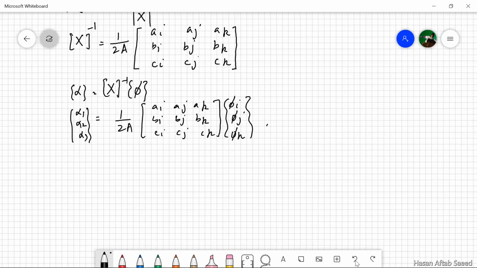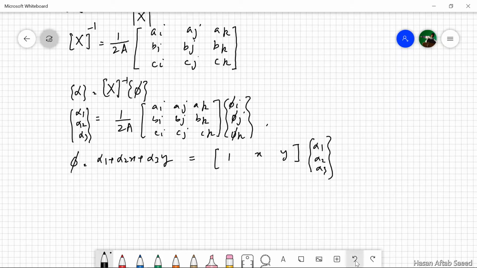Now recall our original interpolation function. That was alpha 1 plus alpha 2x plus alpha 3y. Let's write it in matrix form as 1 x y times alpha 1 alpha 2 alpha 3.